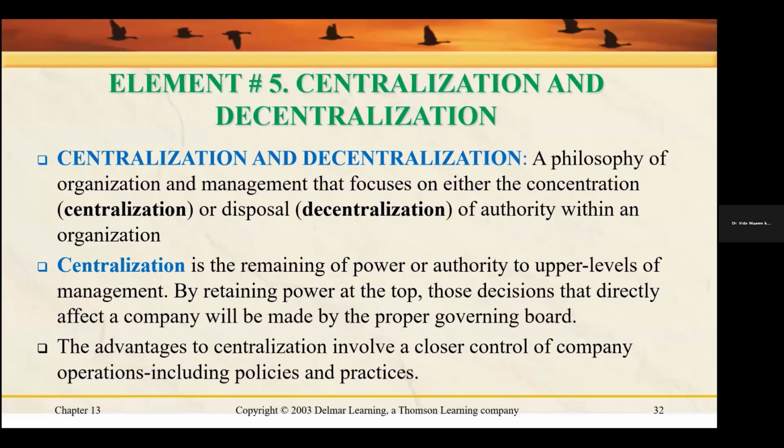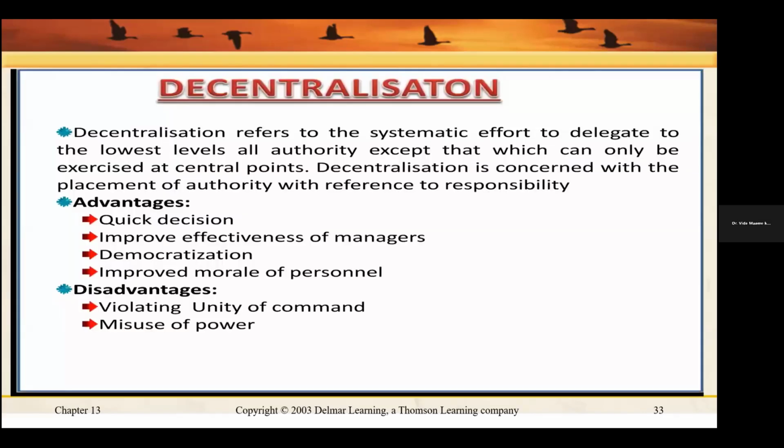Then when they have done all those things, the policies, the SOPs, they disperse it to the people below. That is decentralization. Decentralization refers to the systematic effort to delegate to the lowest level all authority, except that which can only be exercised at the central point. So decentralization is concerned with the placement of authority with reference to responsibility.